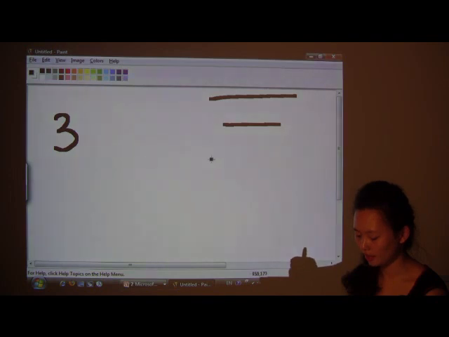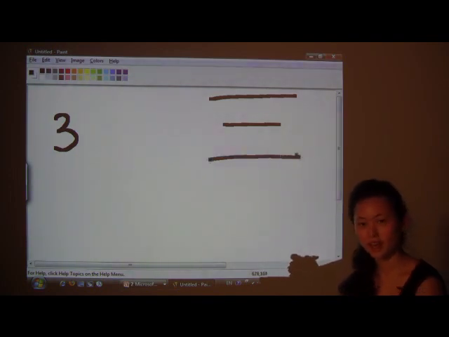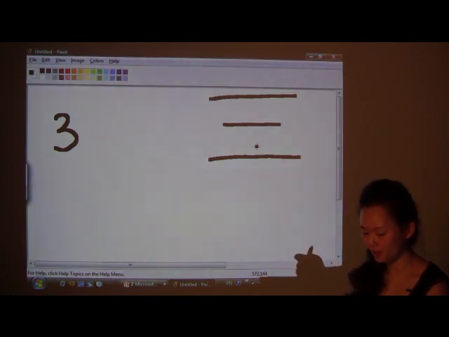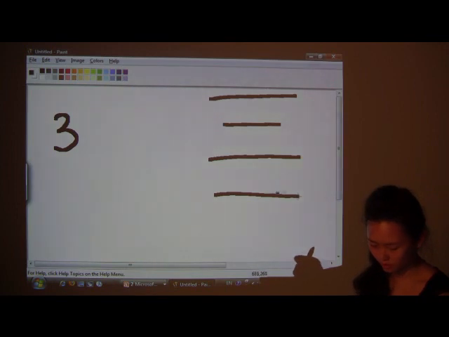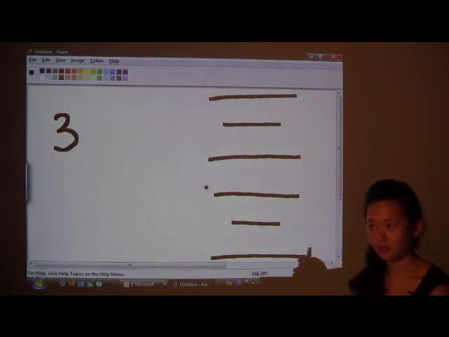The middle one is shorter than the top and the bottom, and the top and the bottom are supposed to be the same length. Human error, you can't make them the exact same, but close enough is generally fine. Once again, top to bottom, you make the top stroke, and the second, and then the third. And then we can go on to number 4.